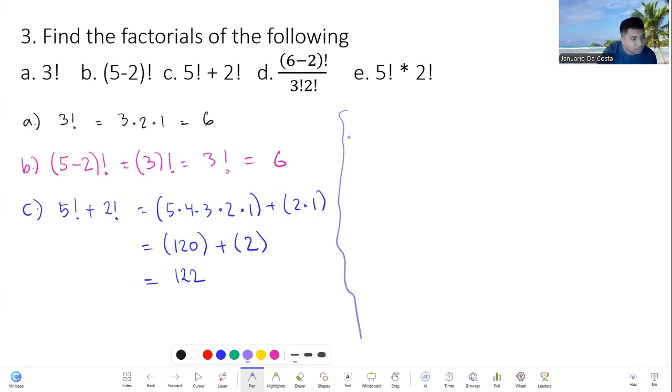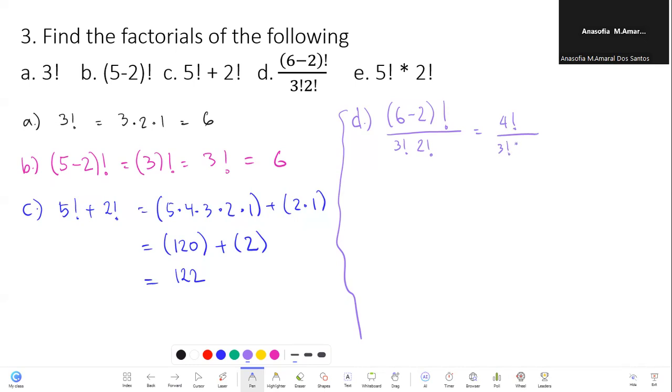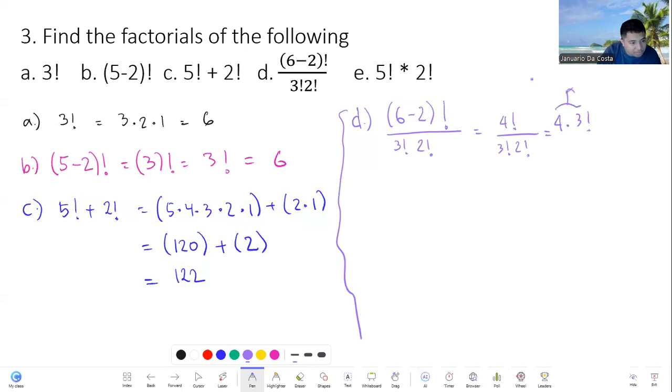Okay, what about letter D? 6 minus 2 factorial over 3 factorial times 2 factorial. 6 minus 2 is 4 factorial. And then this is 3 factorial, and this is 2 factorial. But I can simply write 4 times 3 factorial, because this is the same thing as writing 4 times 3 times 2 times 1.